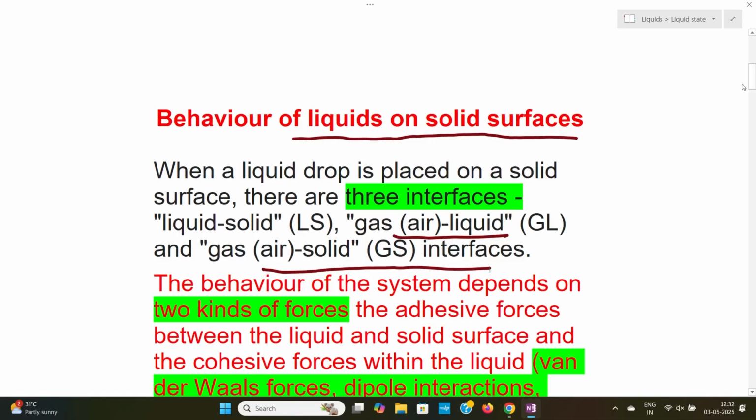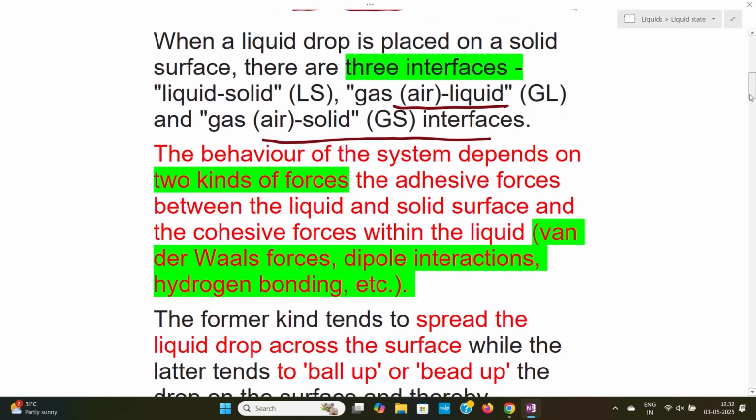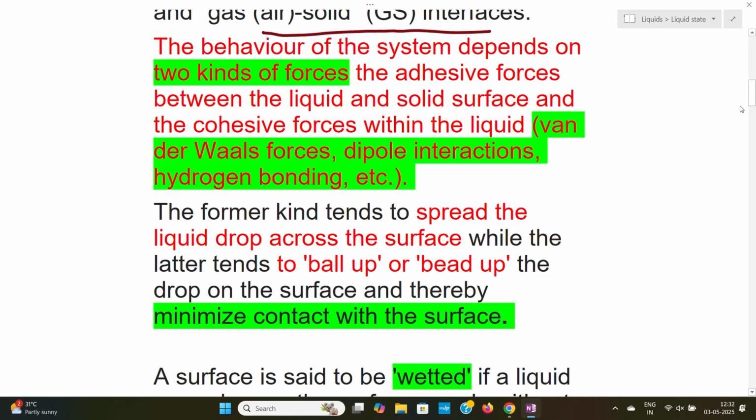So we have the adhesive forces between the liquid and the solid surface, and the cohesive forces within the liquid. The cohesive forces within the liquid are van der Waals forces, dipole interactions and hydrogen bonding.